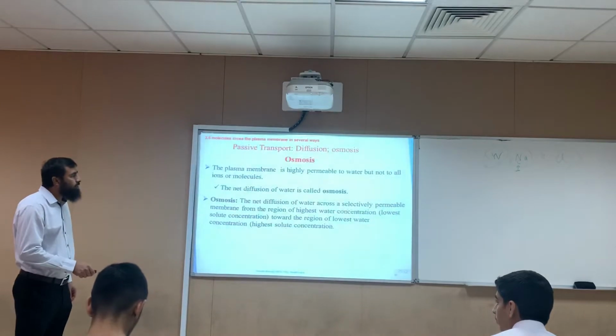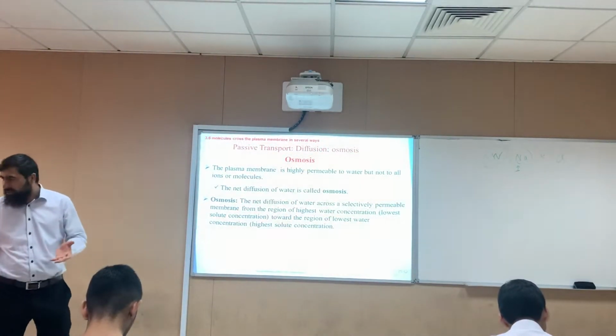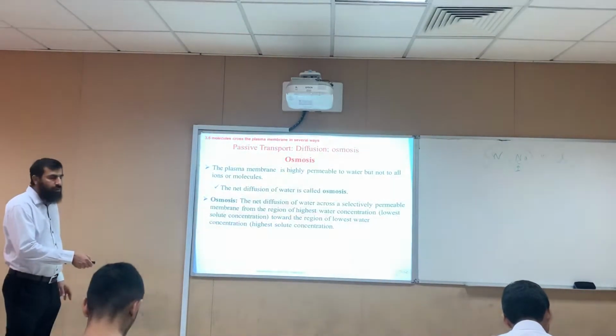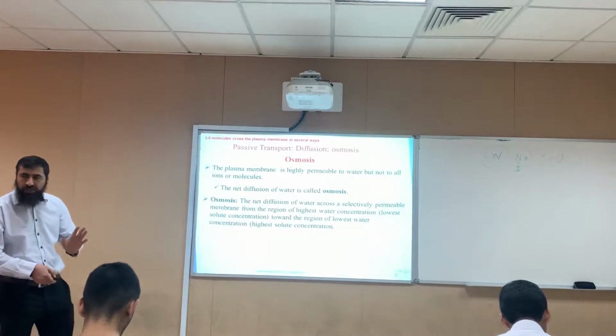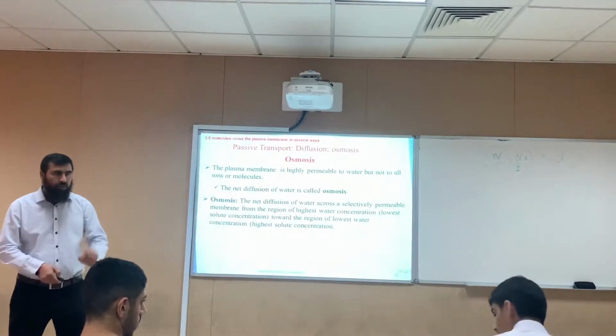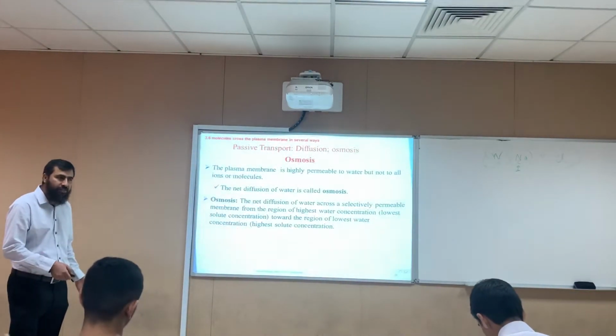So it's happening through a selectively permeable membrane, like the cell membrane, and it's moving from the highest water concentration, where the concentration of solute is low, to low concentration of water, where the concentration of solute is high.